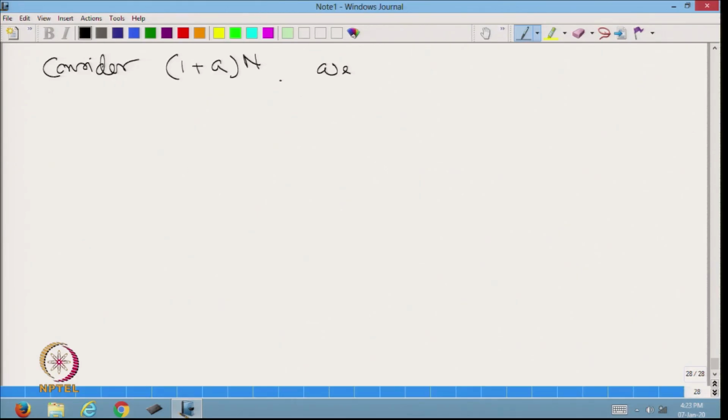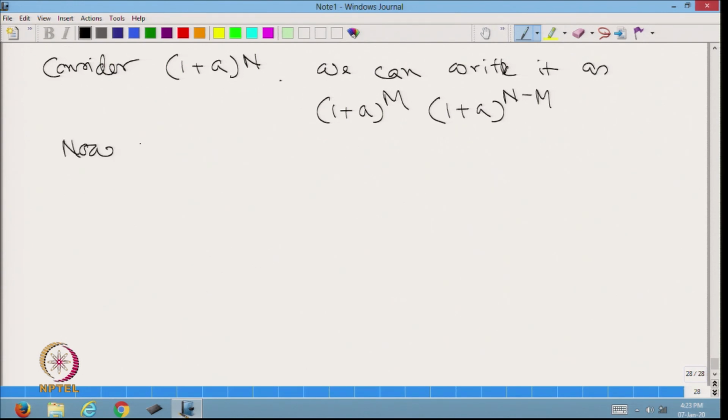We can write it as 1 plus a whole to the power m into 1 plus a whole to the power n minus m. Now, the coefficient of a to the power n is N C n from 1 plus a whole to the power n.